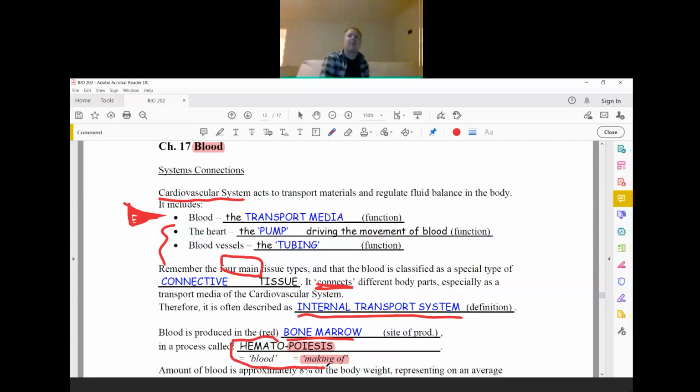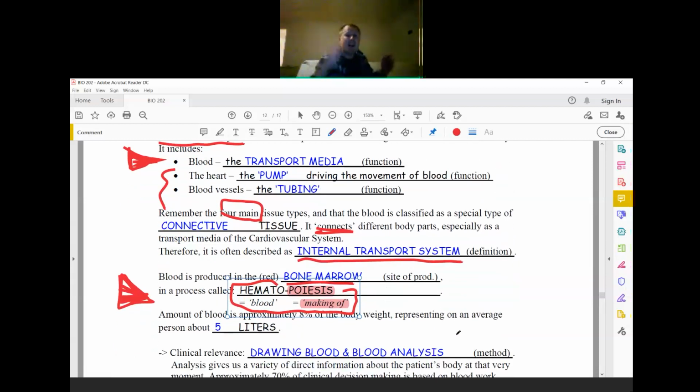So hemato refers to the blood, and poiesis refers to the production. So when we're discussing in general production of the blood, we talk about hematopoiesis. We will see later on that we can talk about production of different components that make up the blood. And in these cases, we just change the first part of this term. We talk about something else and poiesis. So just something to be aware of, that's going to be an important one.